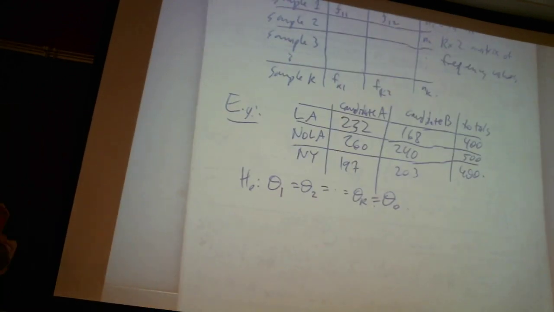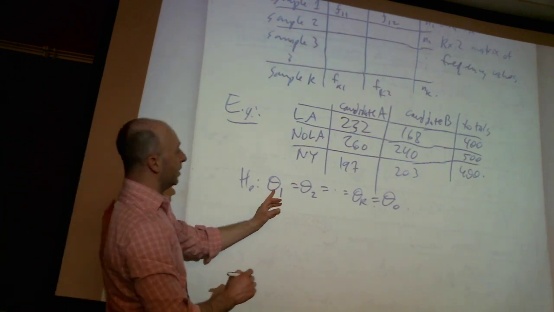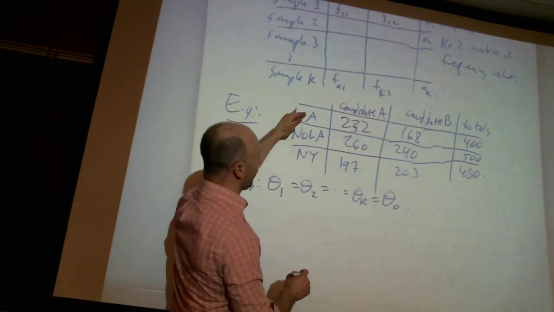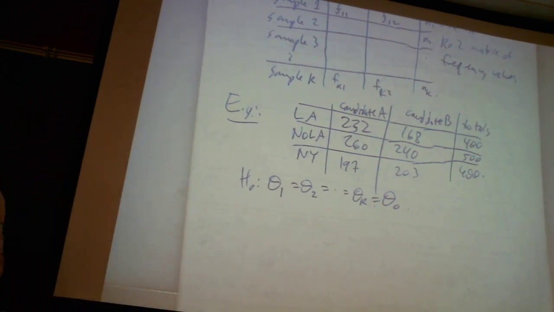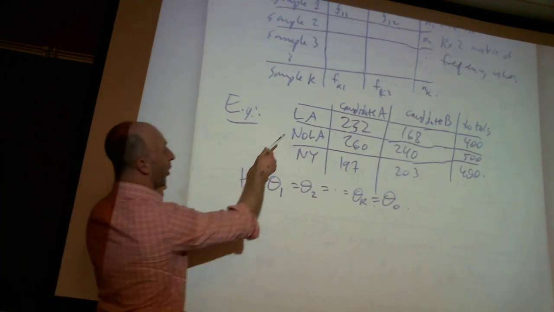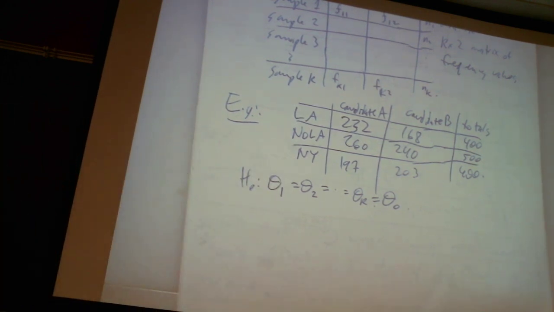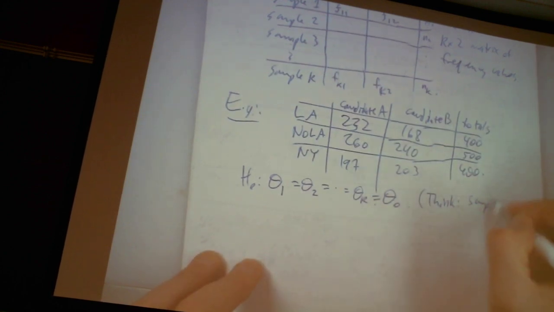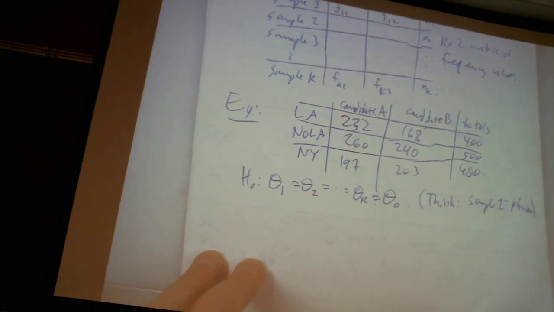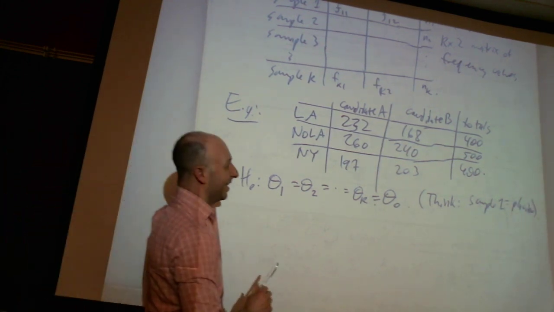In other words, does everyone understand what we're saying? We're saying LA is our control, or forget about candidates. There's no good control for candidates. But if we were running some drug and we had a placebo, sample 1 is placebo. I don't know why LA is placebo, but let's go.